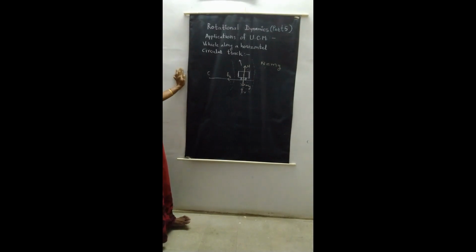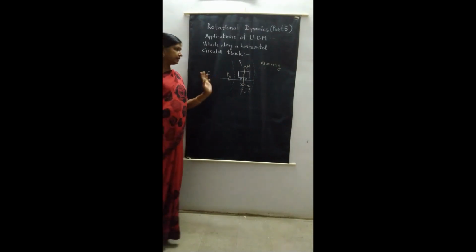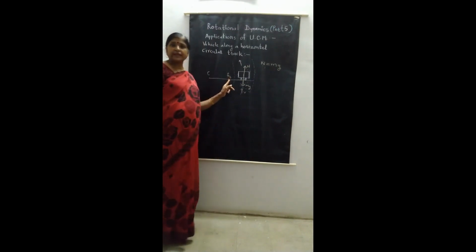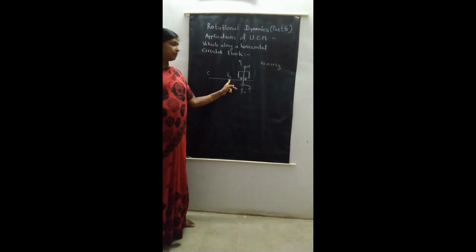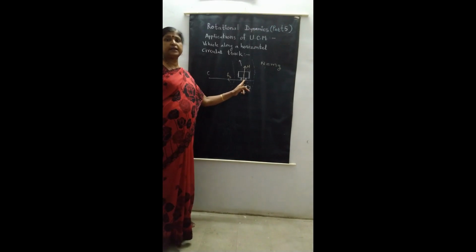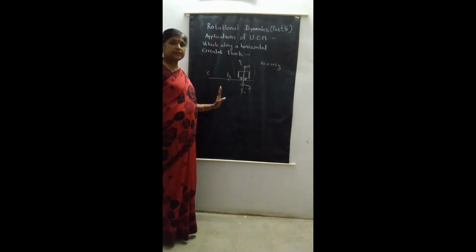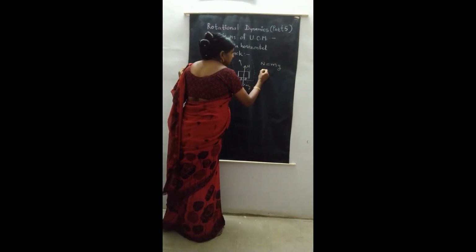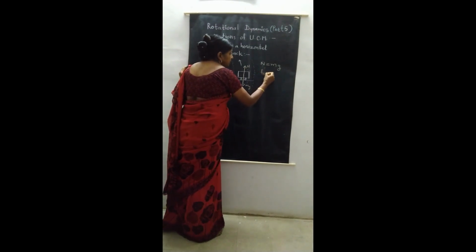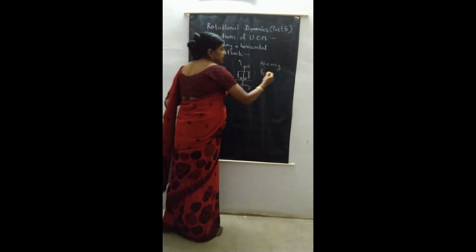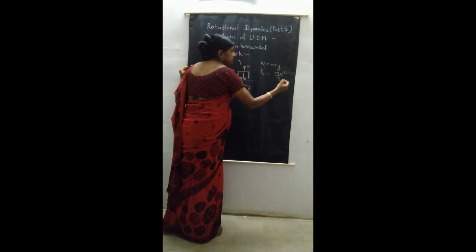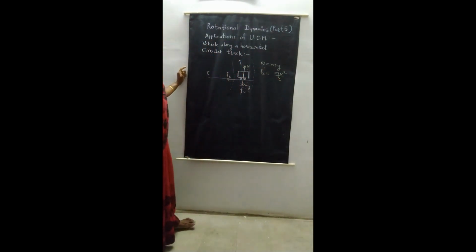And as we have seen right now, the force of static friction Fs provides the necessary centripetal force for circular motion. Therefore, Fs is equal to the centripetal force, that means mv square by r, where r is the radius of the curved road.